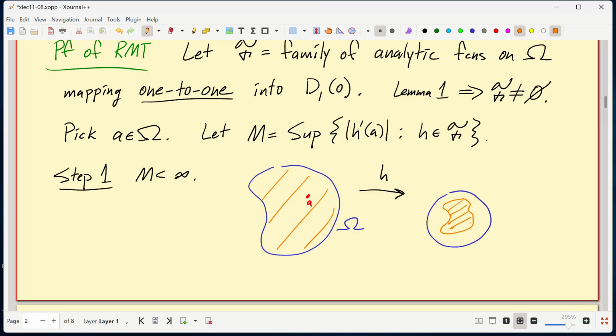So it's just going to be the Cauchy estimate on a little disk like this.